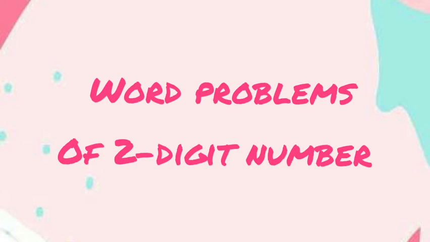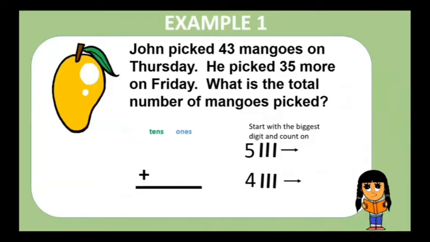Word problems of 2-digit numbers. Example 1. John picked 43 mangoes on Thursday. He picked 35 more on Friday. What is the total number of mangoes picked? Here we have two numbers, 43 and 35. First we will write 43, then 35.